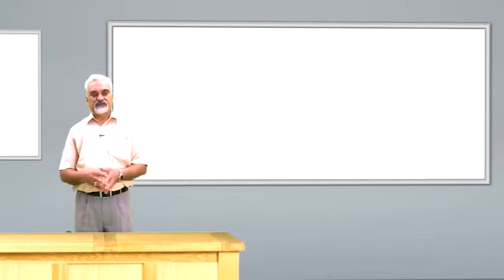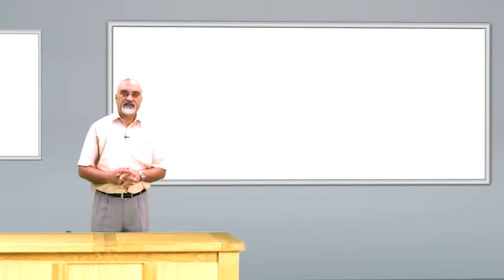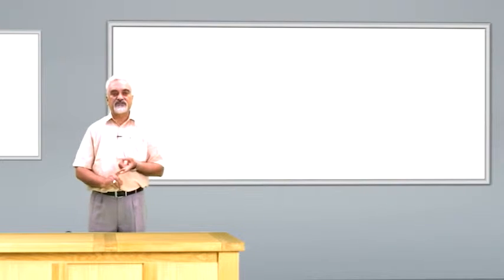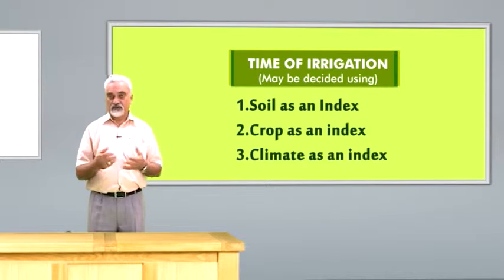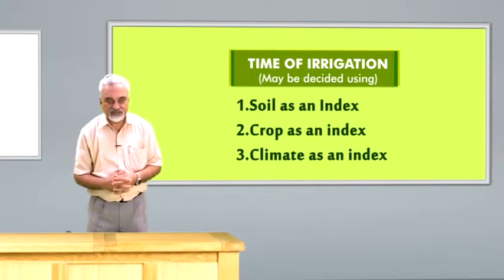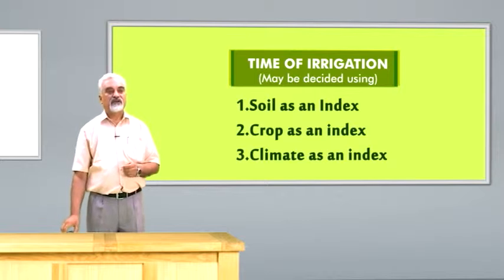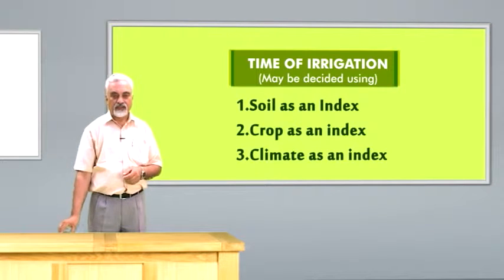The time of irrigation can be decided by taking into consideration either the soil factors, some properties of the soil, or some crop characteristics, or some climatic parameters.